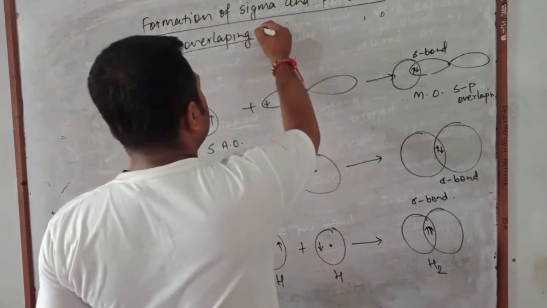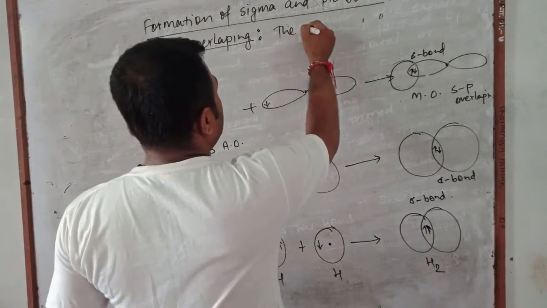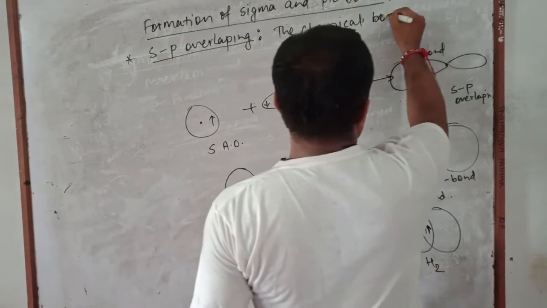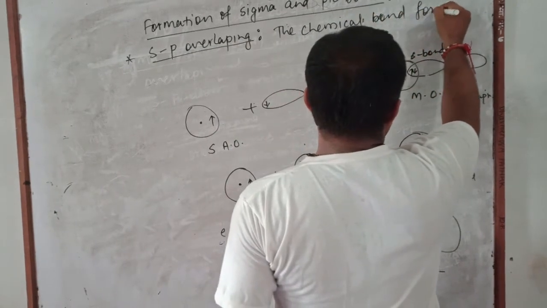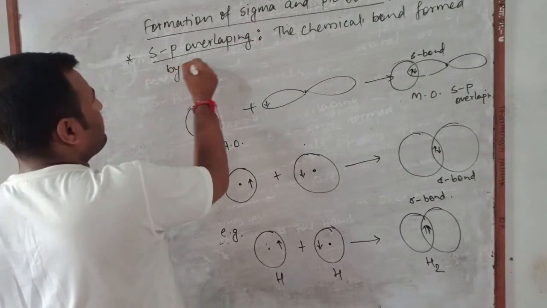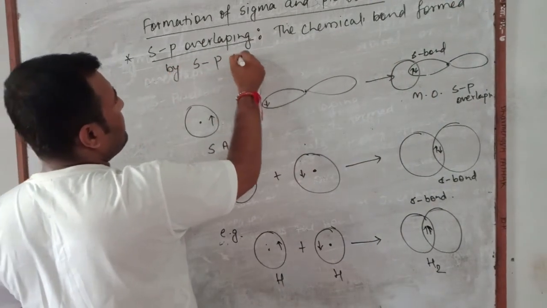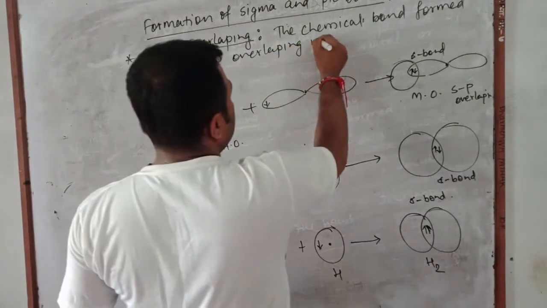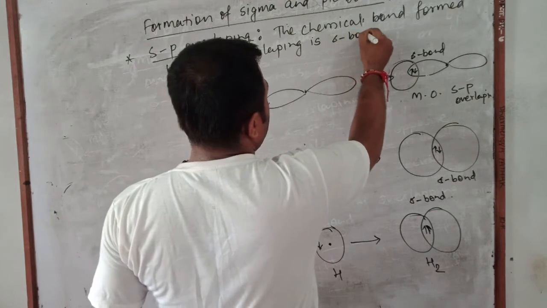The chemical bond formed by sp overlapping is a sigma bond.